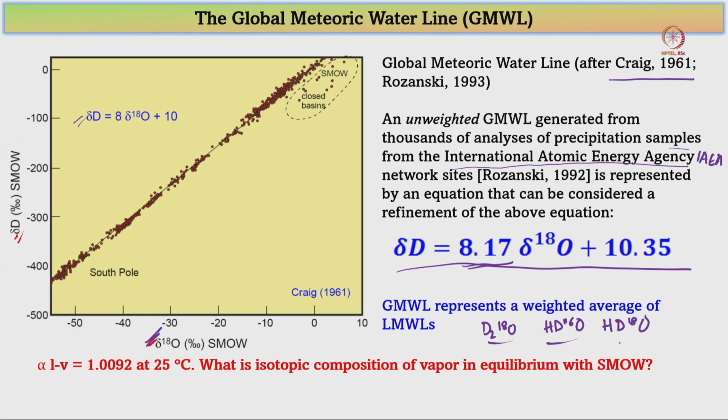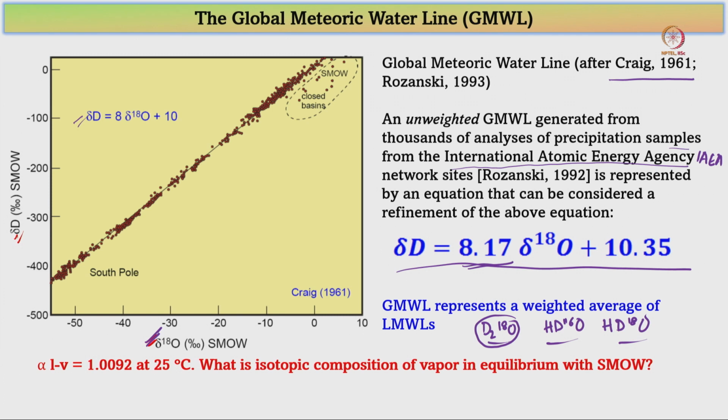These are different types of isotopologues, and their differentiation can depend on the vapor pressure. Even small differences in the masses can lead to fractionation during a physical process such as condensation.